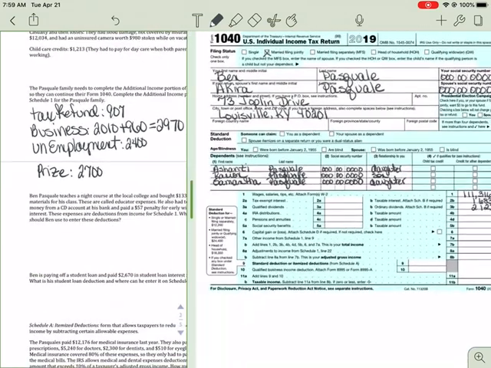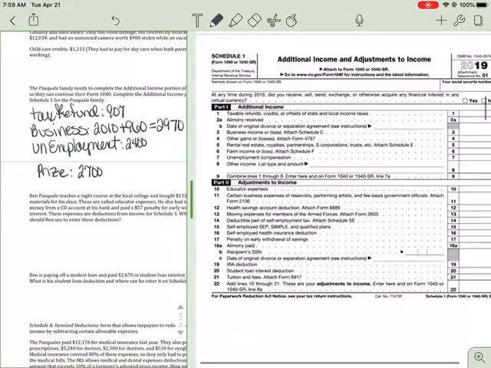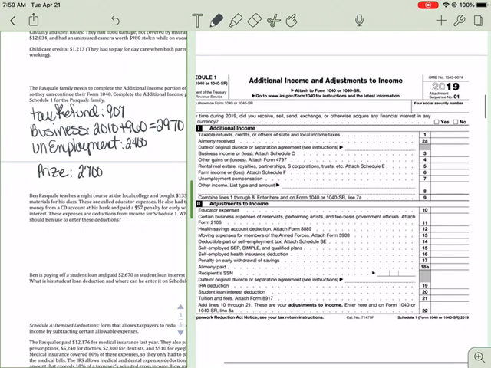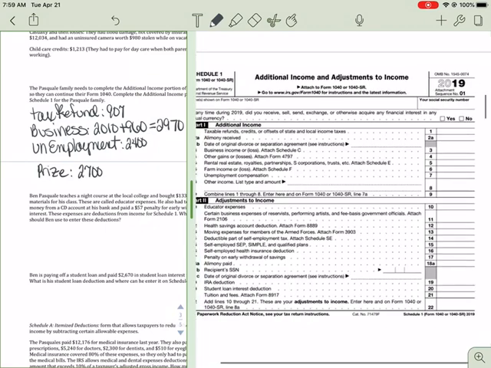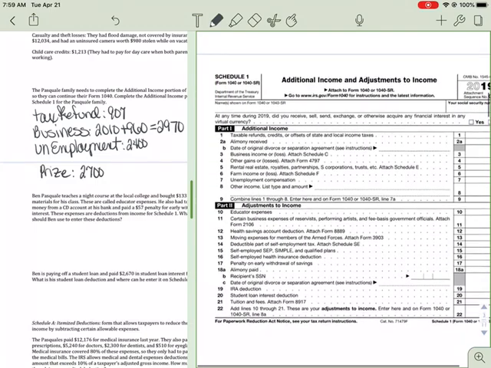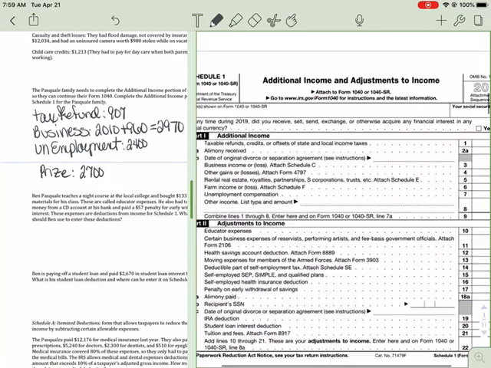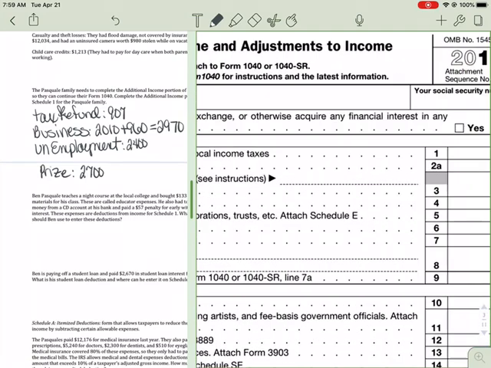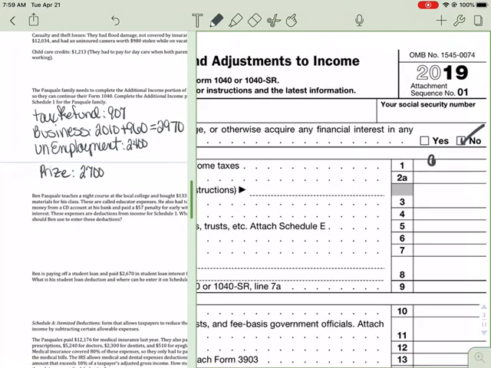Okay, so we're going to come over here, and I'm going to go all the way down to Schedule 1. We're going to add this into the Schedule 1. We're going to need to check off no all the way at the top, saying they did not acquire any federal interest on any virtual currency like Bitcoin. All right, so they had their taxable income credits offset by state and local taxes, so that's 907.